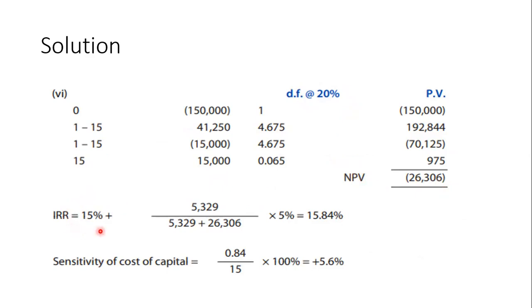So lower discount factor plus NPV of lower discount factor divided by NPV of lower discount factor minus NPV of high discount factor. This is minus negative 26, which becomes positive. We multiply by high minus low, that is high discount factor of 20% less low discount factor of 15%, giving you a difference of 5%. You compute and then you arrive at 15.84%.